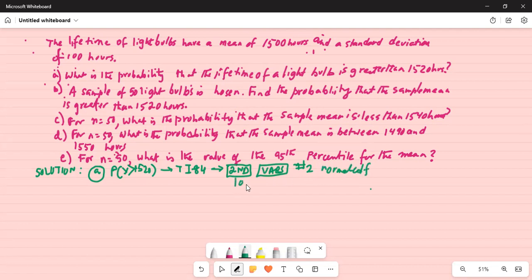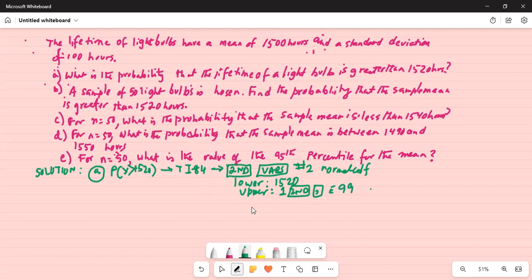So the lower will be 1520, since we are starting from 1520. Upper is a very large number on the right, so it will be 1, then the second button, then the comma button, which will give us the small cap E99. That means 1 followed by 99 zeros.